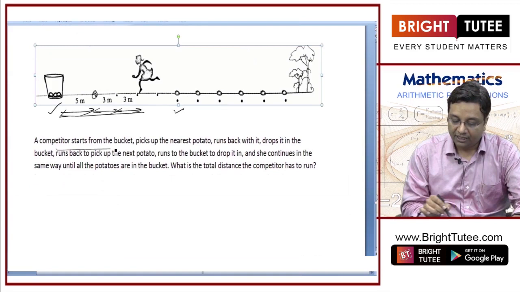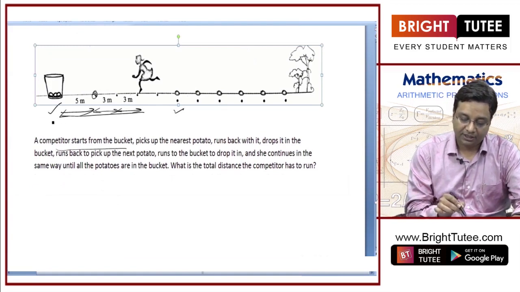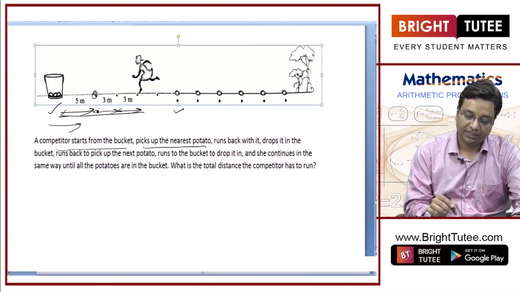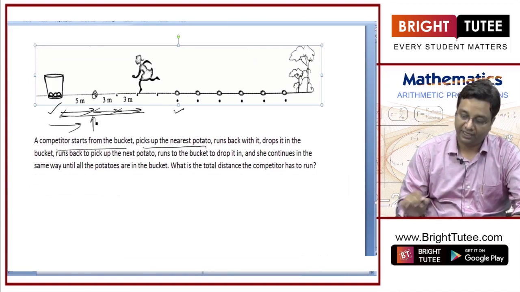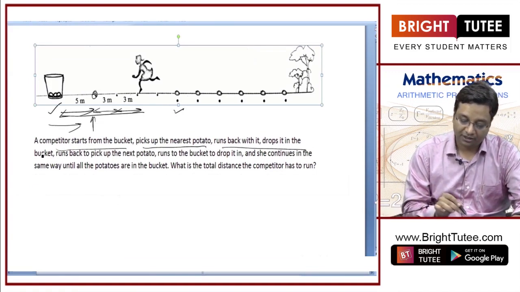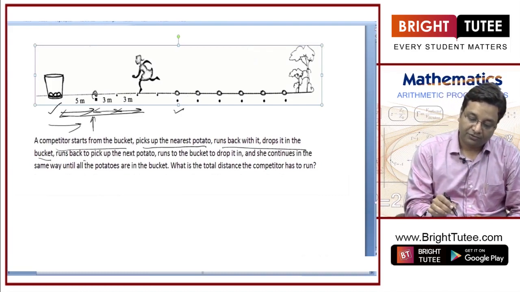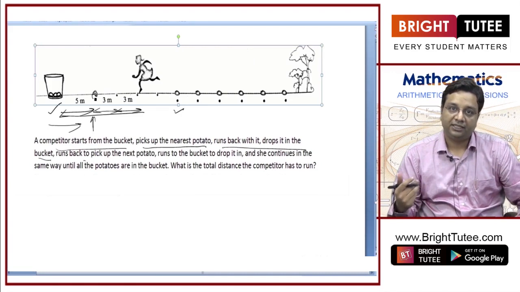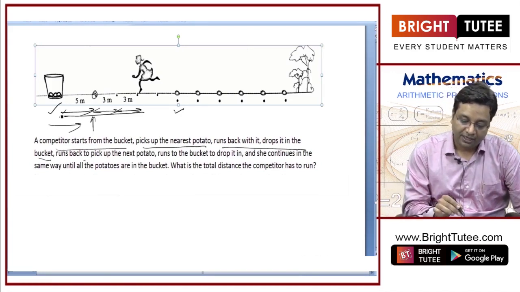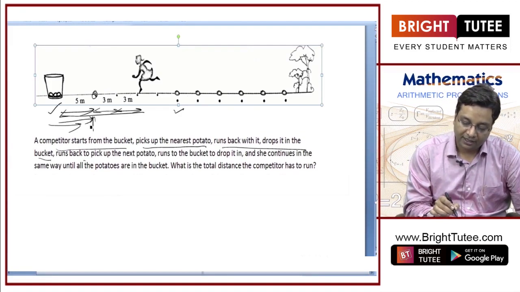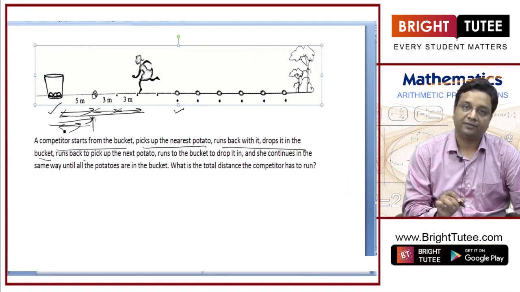The competitor starts from the bucket. He starts from here and picks up the nearest potato first. The nearest potato is 5 meters away, right? Runs back with it, drops it in the bucket and runs back to pick the next potato. So for the first potato, how much distance is he traveling? He has to go 5 meters till here and then come back to the bucket, right?